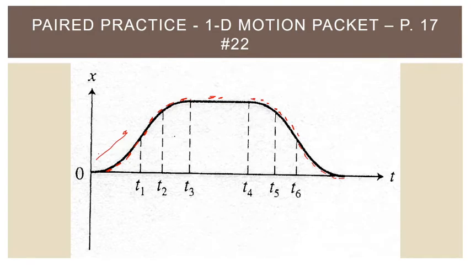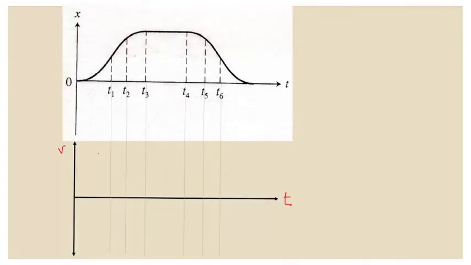And so we want to draw the velocity increasing from 0 to t1. Again, you can make an argument that this should be curved, but since we're going to assume the accelerations are constant, we're just going to make the line straight.